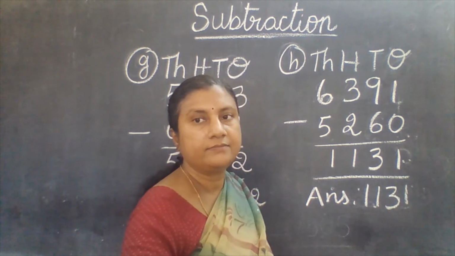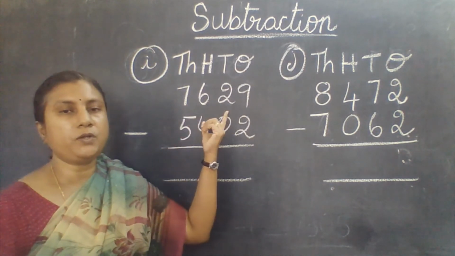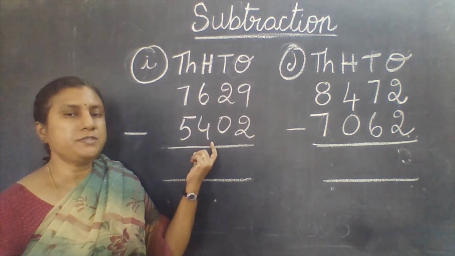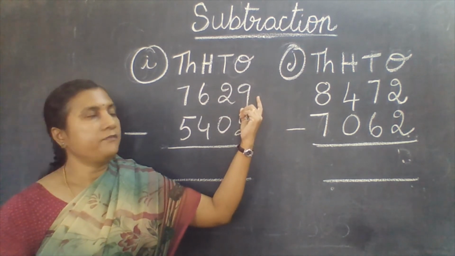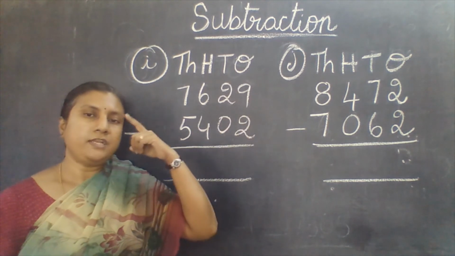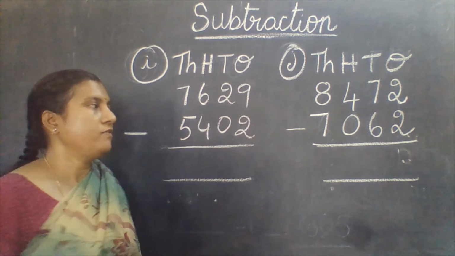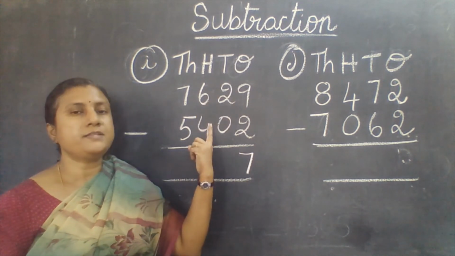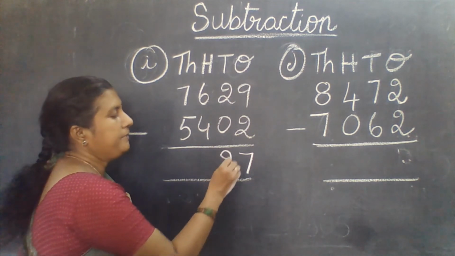1131. Here we have 7629 and 5400 to subtract. So we have to start from ones place only. In ones place we have 9 and 2 to subtract. So 9 in your mind, 2 in your fingers. Before 9: 8, 7. What is the difference? 7. Next, in tens place, 2 and 0 are there to subtract. So according to 0 property, the difference will be 2.